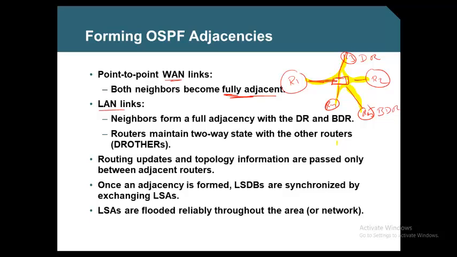Two-way state is just knowing each other with router ID. This router knows that router's router ID. That router knows this router's router ID. That's all. They don't advertise. They don't share anything. Neighbor form full adjacency with the DR and BDR.